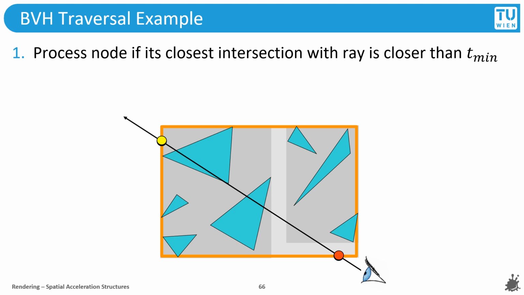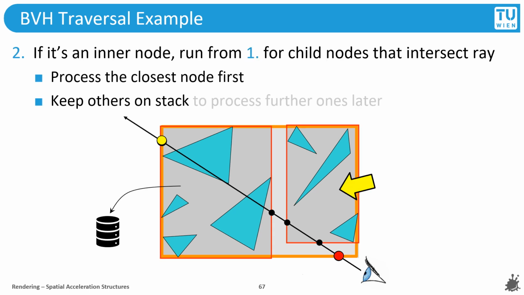And since at this point T min is infinity, that condition is fulfilled. Since it is an inner node, we find all the child nodes that intersect the ray and run again from point 1 with the closest node first. The others, in this case the node in the back, is pushed onto a stack.